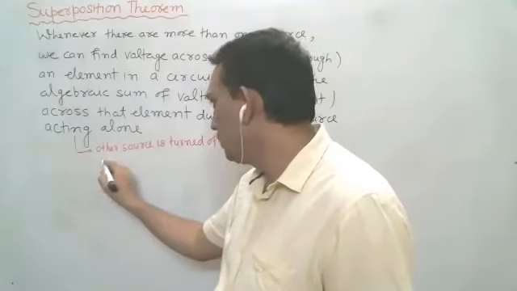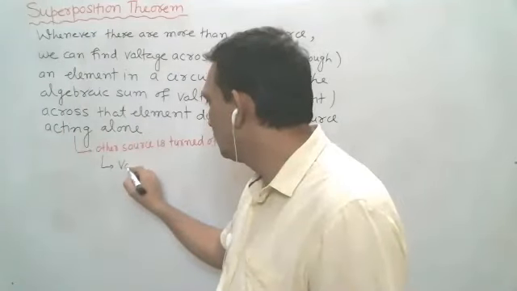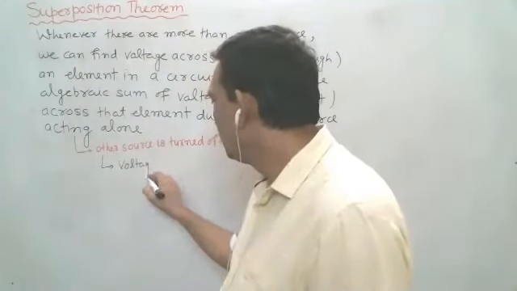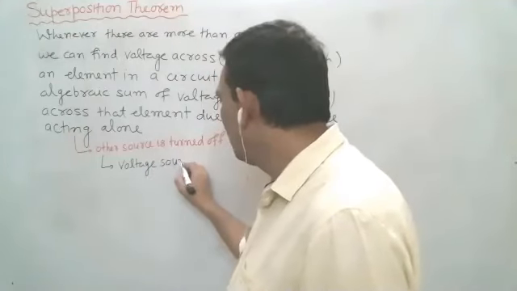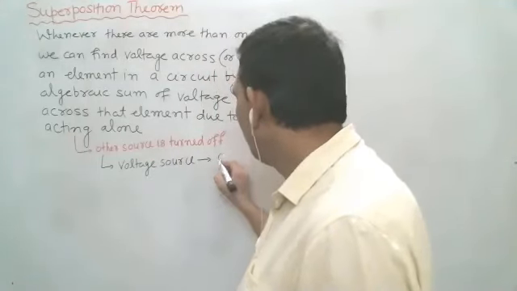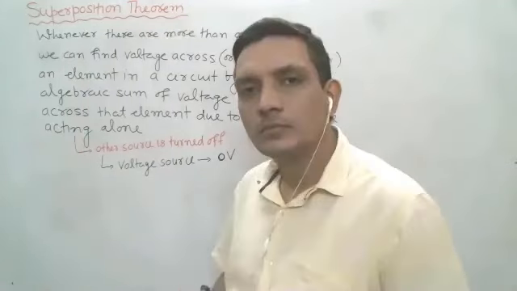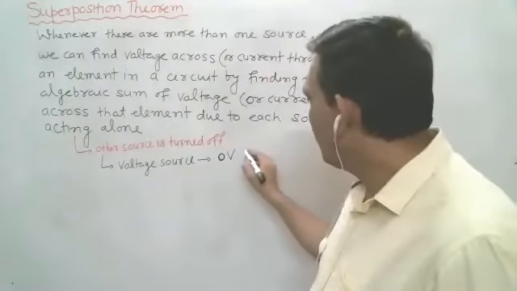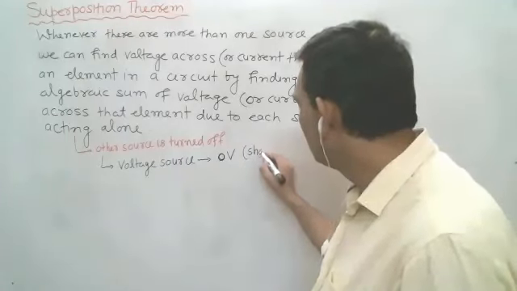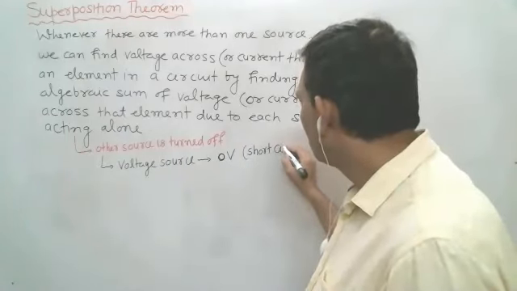So you can say you have voltage source. When you have a voltage source, you have to replace it by a 0 volt. And 0 volt means short circuit.